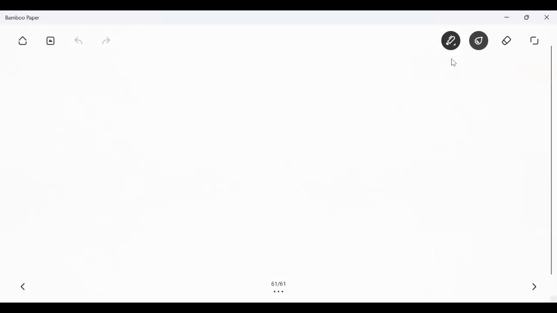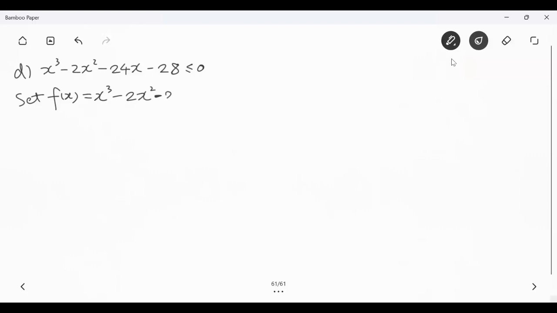And next for D is x cubed minus 2x squared minus 24x minus 28 less than or equal to 0. Okay, and the same, we set f(x) equal x cubed minus 2x squared minus 24x minus 28.